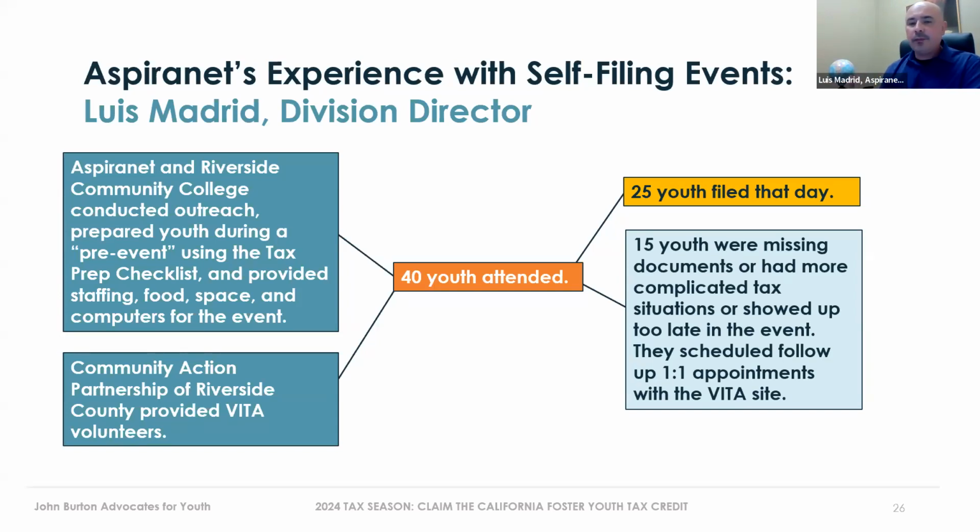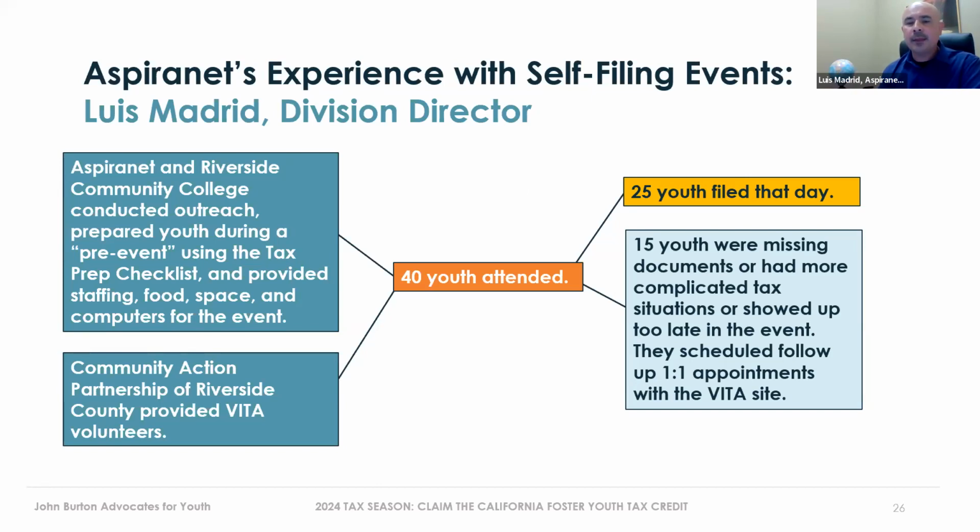We had food, like it was mentioned, and provided them an incentive to file taxes, because I don't know that sometimes our youth realize how important this is and what they can get out of this. So we provided food, and we provided them with an incentive, which is, I believe, a $25 gift card.